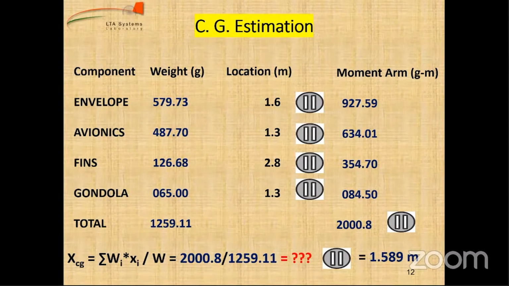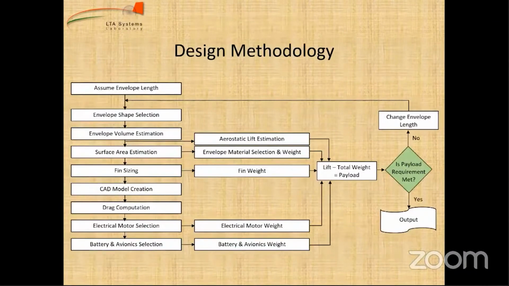Yes, sir. Right. Having talked of ballast, let's go ahead and actually see the payload calculations now. What is the payload that our airship can actually carry? We're done with everything. The only thing that remains is payload now.